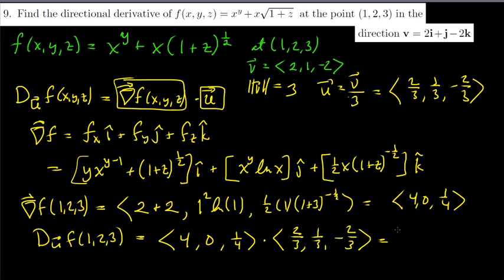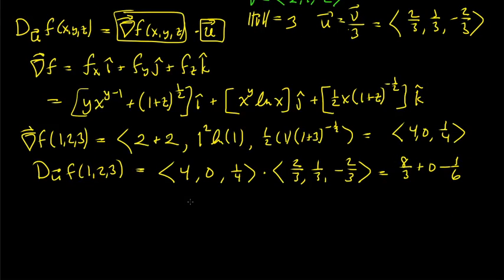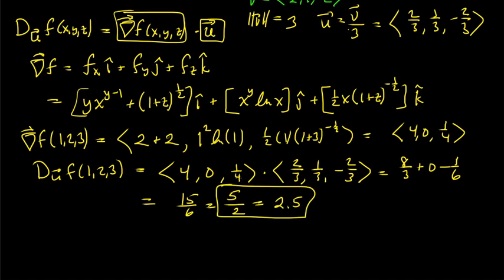So we get 8 over 3 plus 0 minus 2 over 12, which is 1 over 6. So that's 16 minus 1, which is 15 over 6, which reduces to 5 over 2, so 2.5.